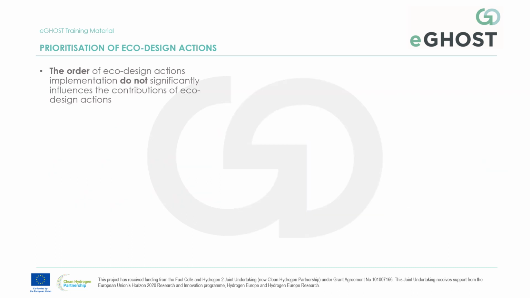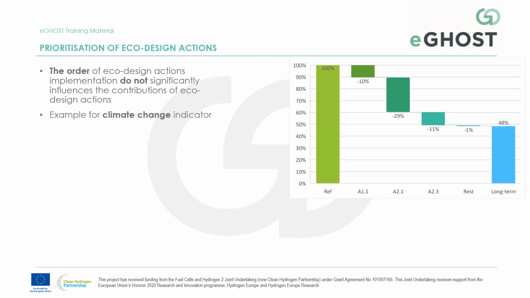If ecodesign actions are affecting the same material or component, then the order of implementation is important. This is the case for ecodesign action 1.1, which is the use of recycled platinum, and ecodesign action 2.1, which is the reduction of platinum loading.